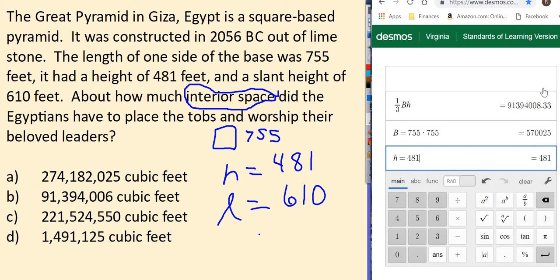So my answer is right up here on the right. It would be, let's count, 1, 2, 3, 4, 5, 6, 7, 8 numbers. So let's count what has 8 numbers. Looks like it's this one right here. 91394000. We have 8. They have 6, but probably a rounding error for some reason, but we've got it. So, all right, that's your answer.